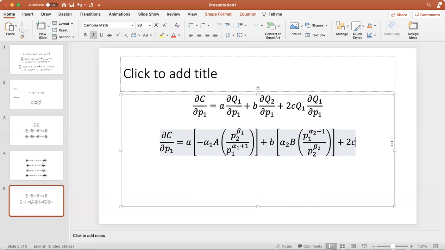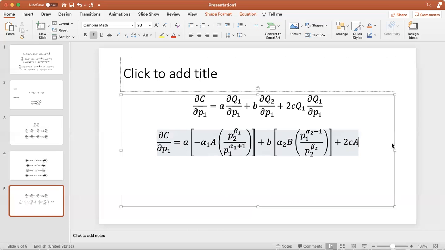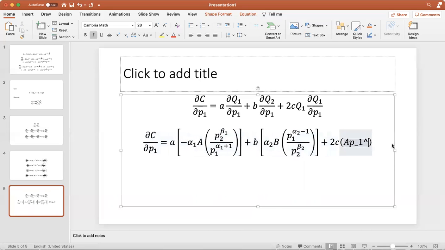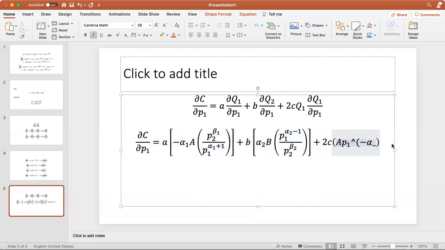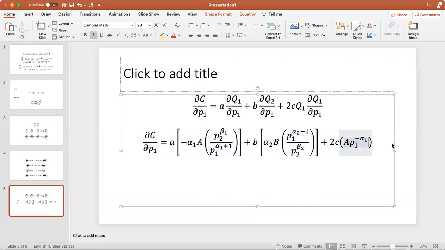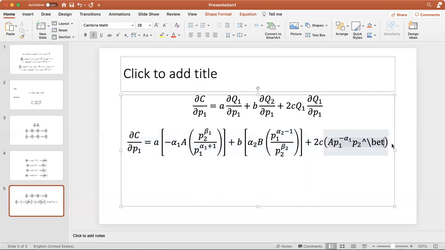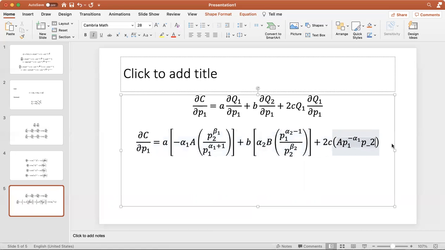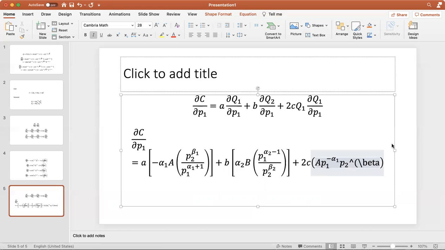Q1 is, just add a parenthesis here, so that's A P1 negative alpha 1 P2 beta 1.